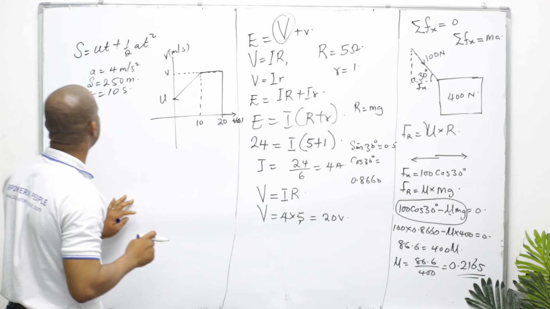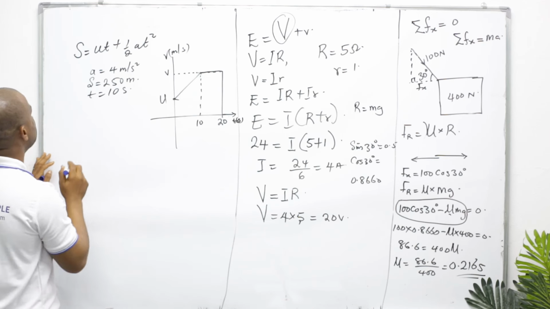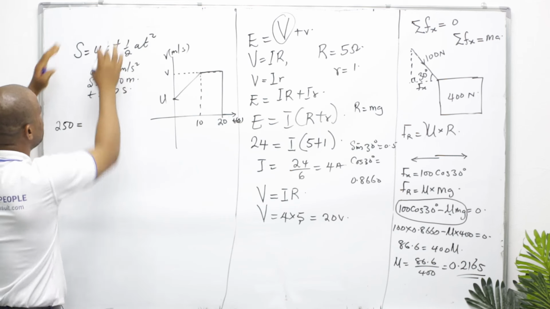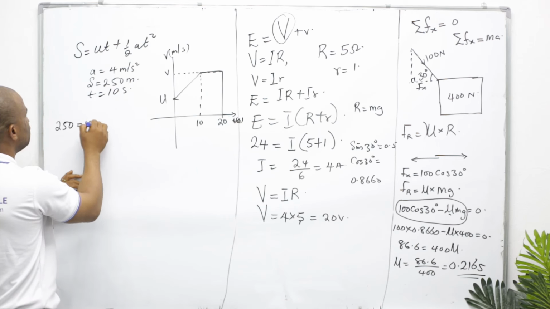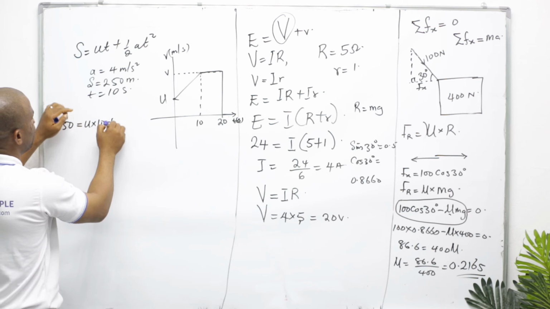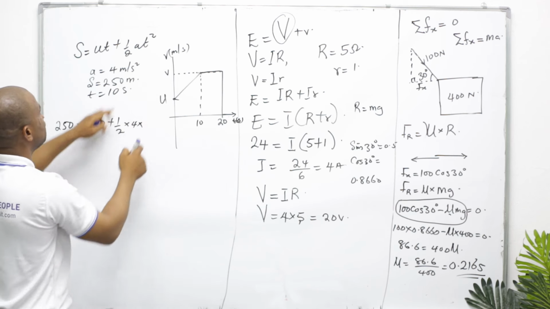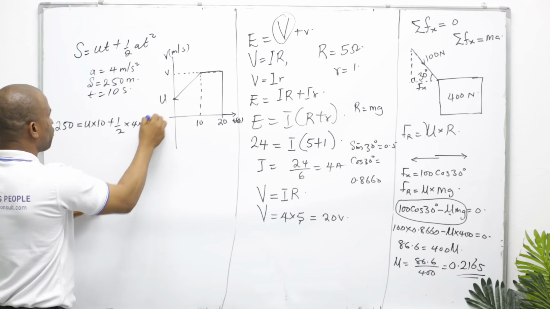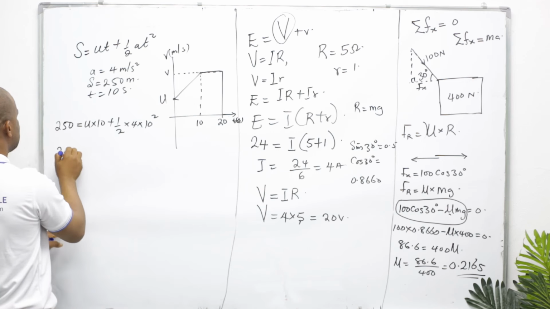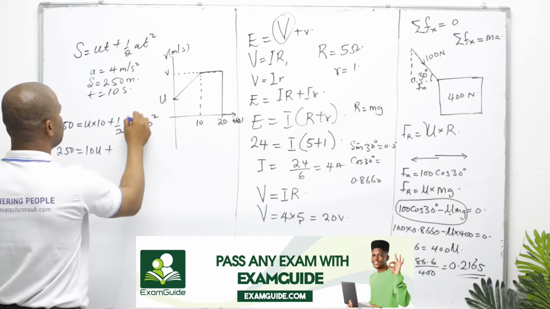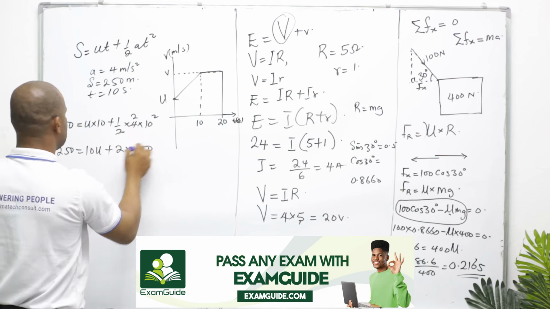Alright, so what I'm going to do now is put 250 inside this equation. I do not know U, I know T, plus half times acceleration, which is 4, times T, which is 10 squared. So 250 is equal to 10U plus 2 times 100.